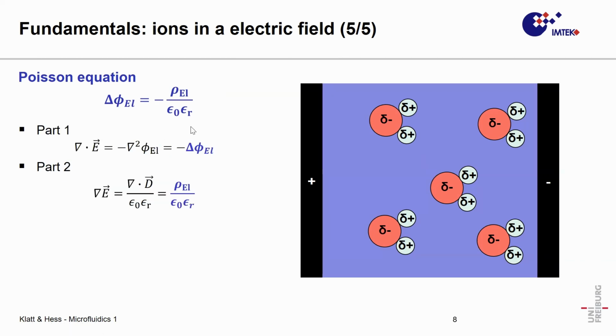So if we now put both calculations into one equation, you will see that on the left-hand side, you have the electrostatic potential derived from the potential equation of electrostatics. And on the right-hand side, you have the result of Gauss's law, which includes some assumptions like a proportionality between the polarization and the electrostatic field.